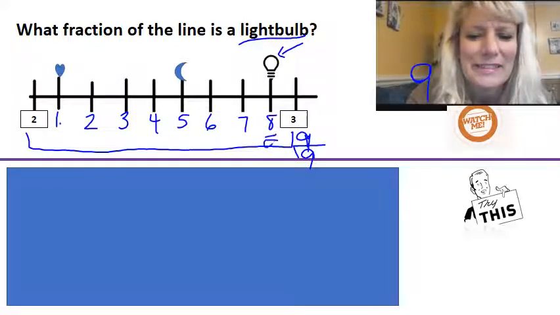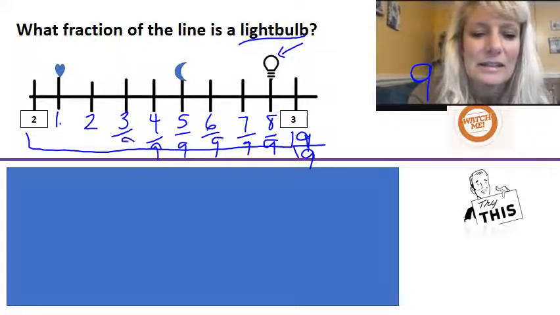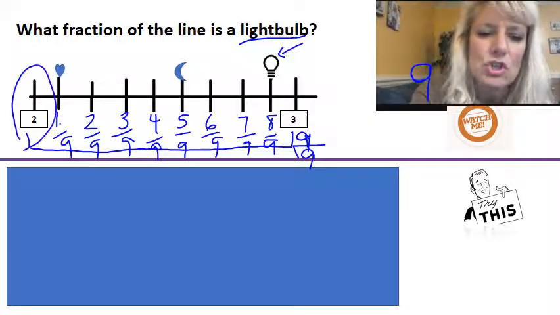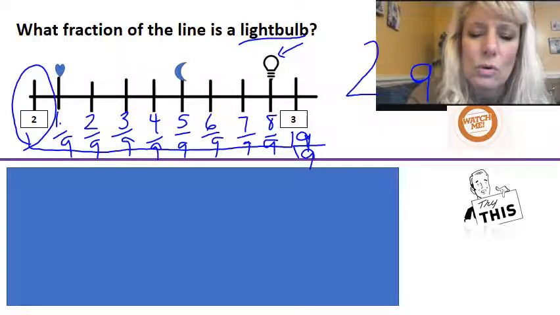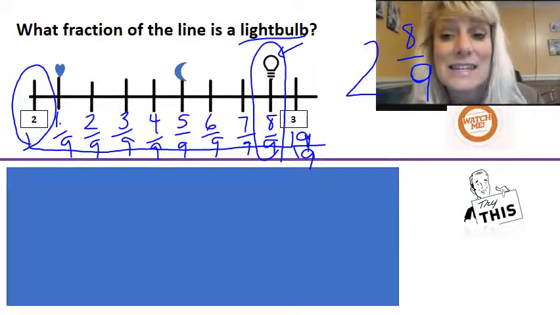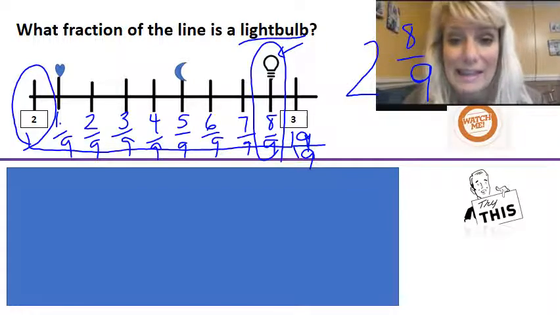This is a 9, this is a 9, and so on, 9 under each part. All right, so I'm looking for my light bulb. Now remember, it's 2 wholes, so we have 2 wholes. And then what we have in my light bulb is 8/9. So 2 wholes and 8/9.